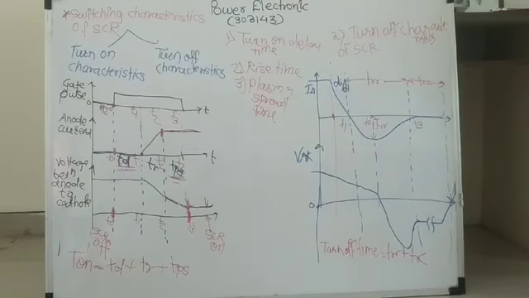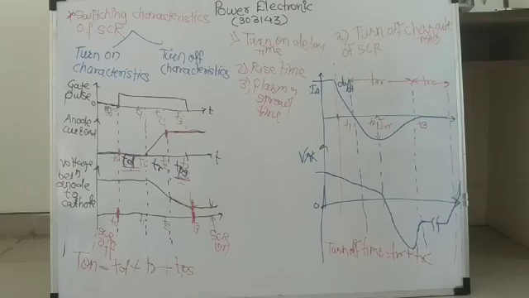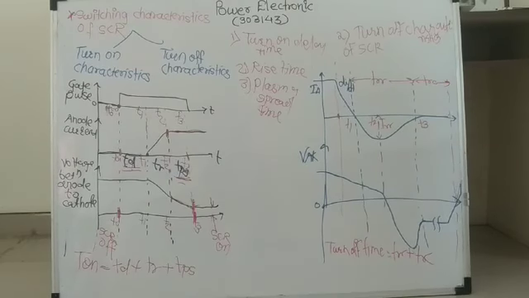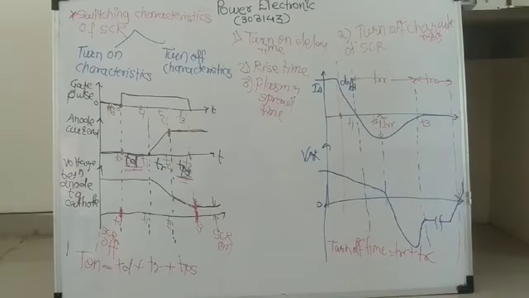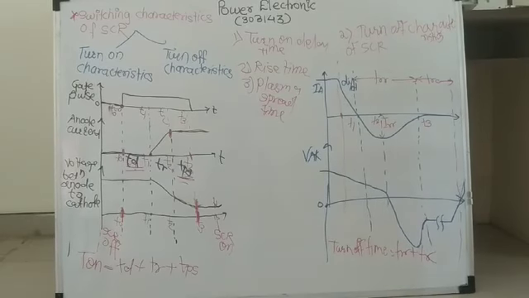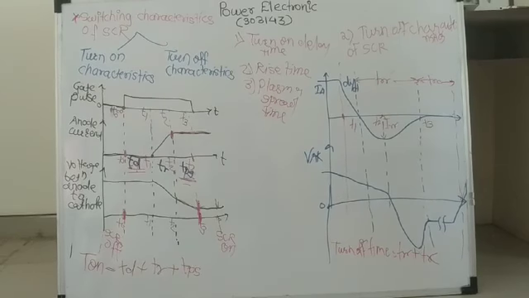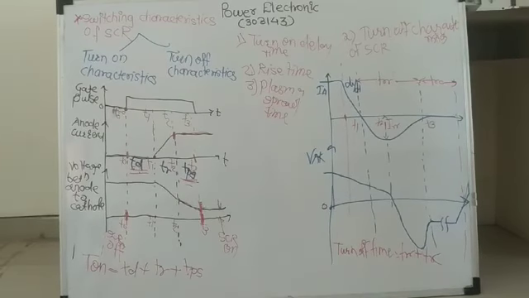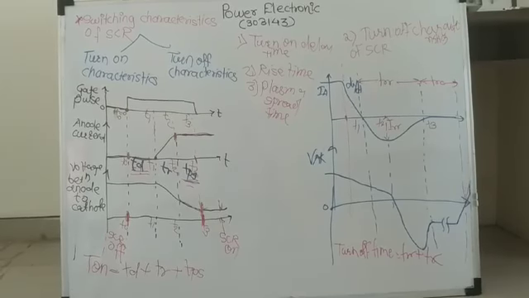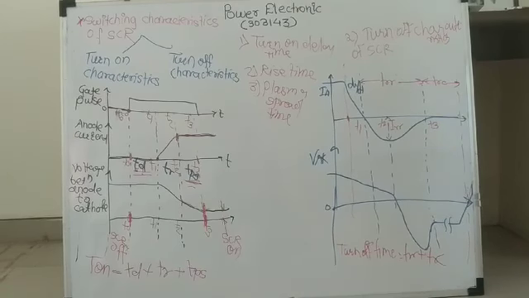Now see, what is reverse recovery time and what is recombination time. First is reverse recovery time. In this, the device manufacturers specify a turn off time. Means your total turn off time is decided by the manufacturer, or it is pre-decided for different SCRs, which represents the minimum time the SCR should remain in the reverse blocking mode before any forward voltage is reapplied.